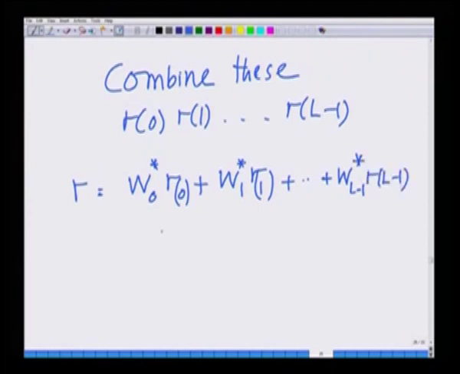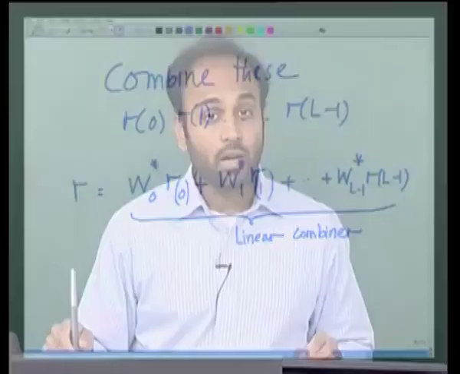We have looked at such a combiner before. This is known as a linear combiner. In fact, the linear combiner that maximizes the SNR is nothing but the maximal ratio combiner.